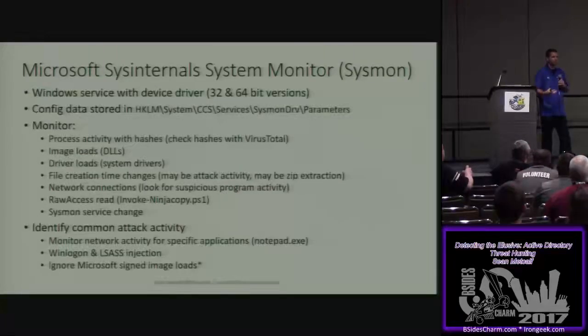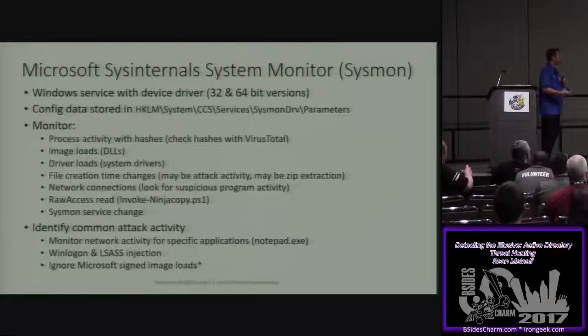So, for example, Invoke-NinjaCopy is a PowerShell tool, a PowerSploit tool that can actually pull the ntds.dit file off the domain controller while it's running, because it's doing raw access reads off of that file system. But like I said, I really like looking at Sysmon for what applications are actually connecting on the network, which ones are connecting to the internet, because things like Notepad probably shouldn't.